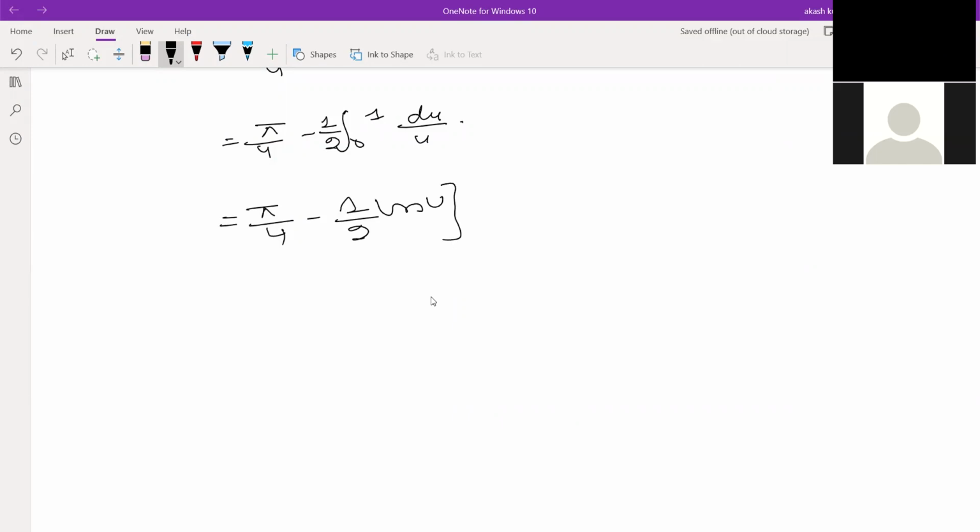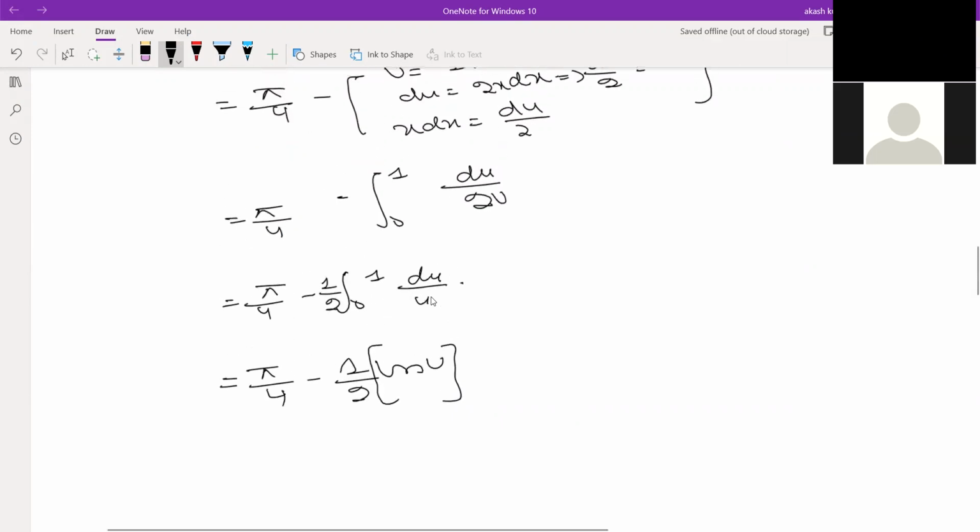And then we have to evaluate it. When we are going to evaluate it, our u is x squared plus 1. This was the limit x1 to x2. Now our function is in the form of u, so we need u1 and u2 in the limits. Your u1 will become x1 whole square plus 1.